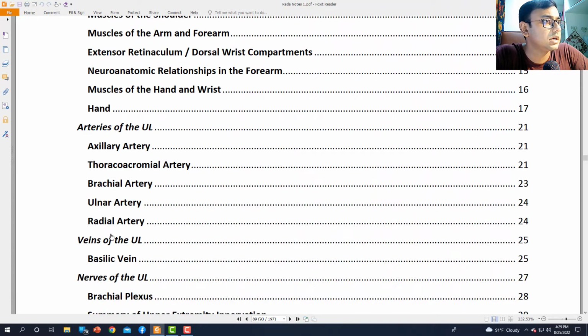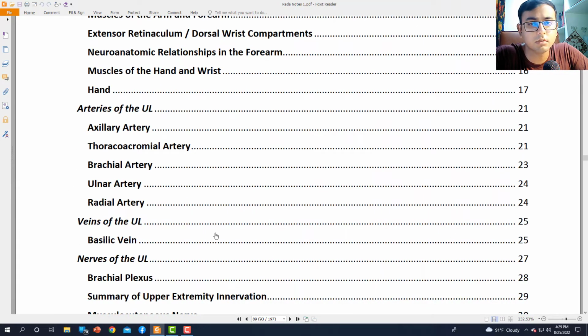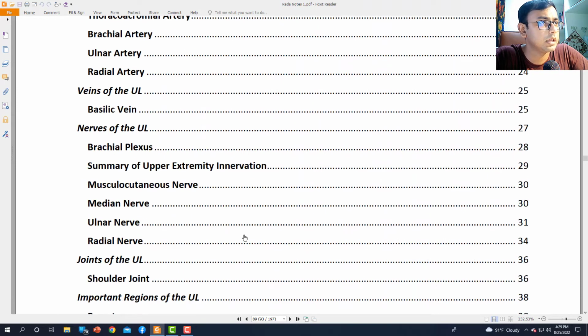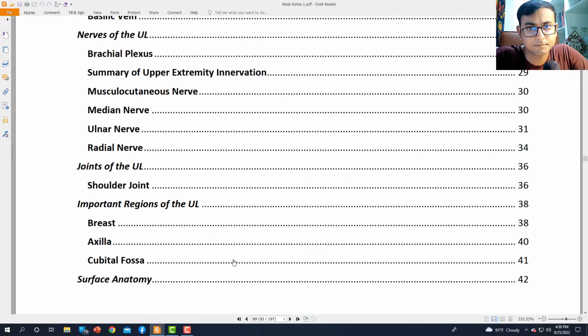Okay, now the arteries, veins, nerves, that is the vascular supply of the upper limb, is another important thing, and then the joints. Joints and clinical importance, clinical spaces or fundamental positions, like the retinaculum, palm, elbow, axilla, neck, that is the brachial plexus, along with their supplies, are very much necessary for the specific upper limb.